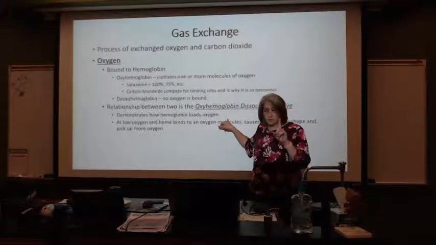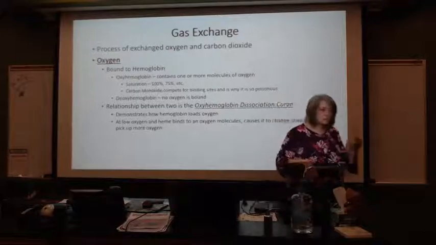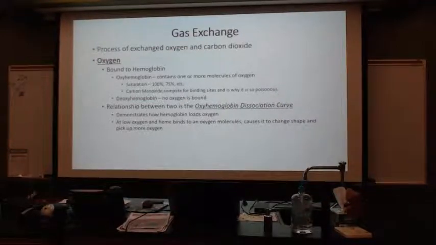Let's think about this for a second. That red blood cell that's going to be passing by that alveolus, where I've got that respiratory membrane, the goal is hopefully it's picking up oxygen if needed.